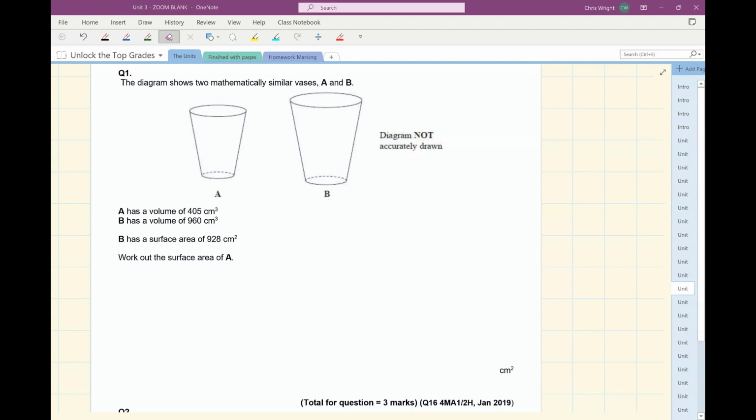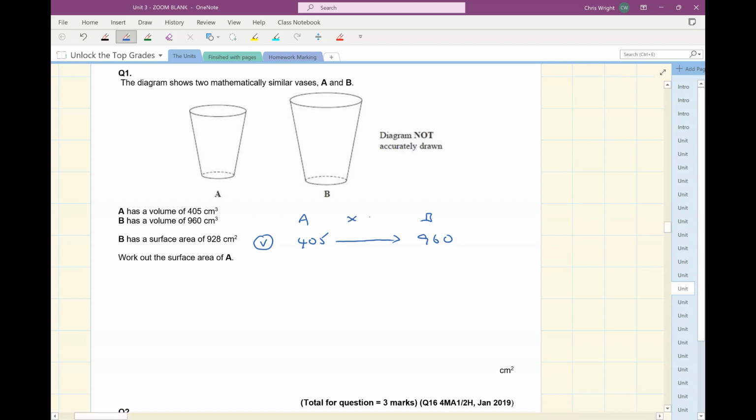Question 1. Right, we have two vases, A and B, and we're told their volume. The volume of A is 405, and the volume of B is 960. So I can work out that volume scale factor by doing 960 divided by 405.